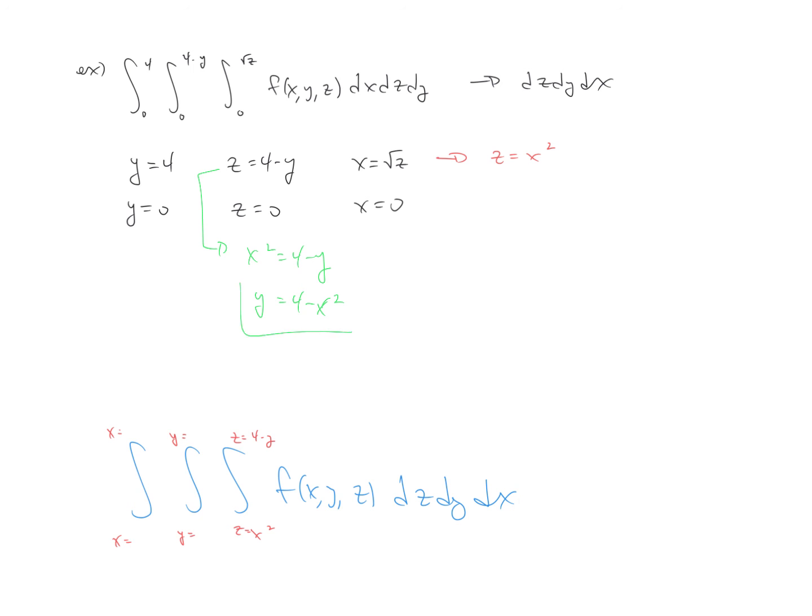So if I focus on this for just a second, come over here to the side, I'm in my xy plane. Here's the parabola. Shift it up 4 units, it opens down. And this intercept is a 2. You can see that if you let y equal 0, x would end up being 2 right there.